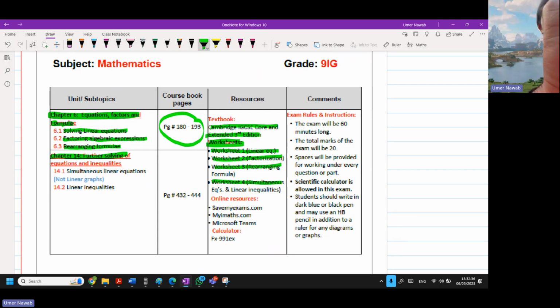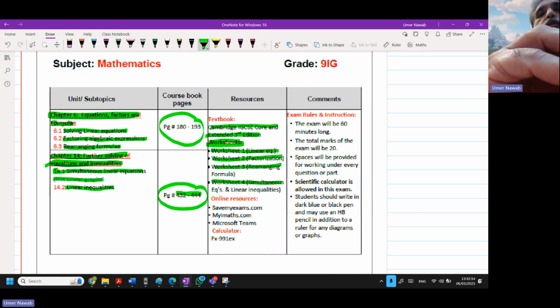Chapter number 14, if you open from the book, has 14.1 simultaneous equations in which nonlinear graphs, you need not study the linear graphs, only the algebraic solution of simultaneous equations and linear inequalities from page number 432 till 444. Online resources, savemyexams.com can help you to find some past paper questions.